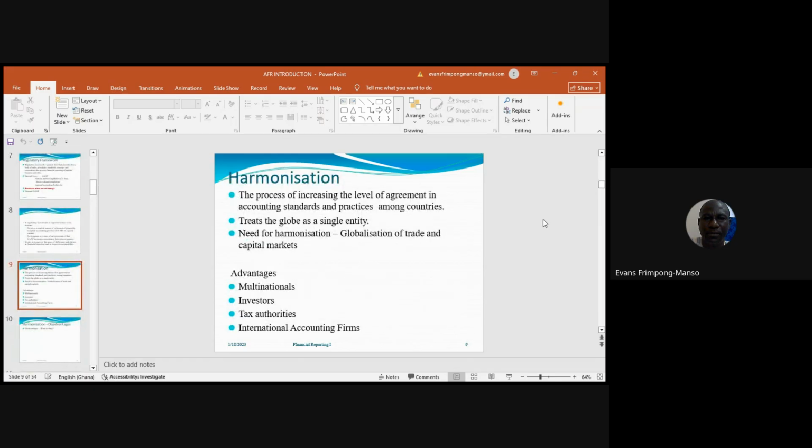Or even in the next slide, it's talking about harmonization. Harmonization is where there's an agreement on how we use accounting standards and practices among countries.